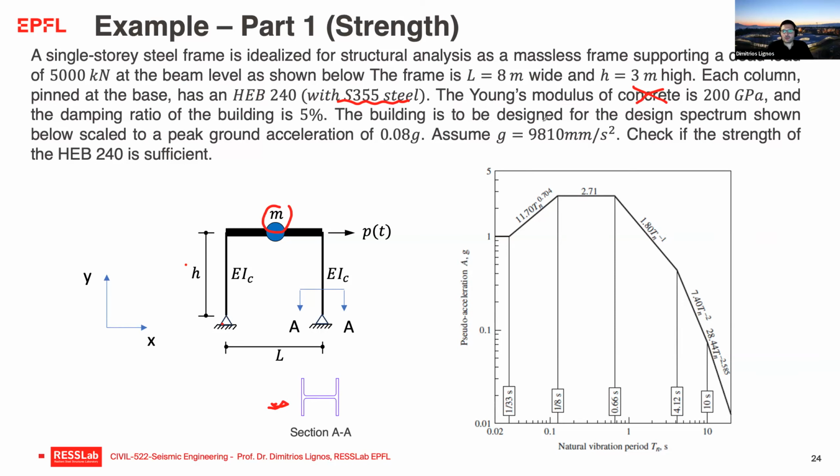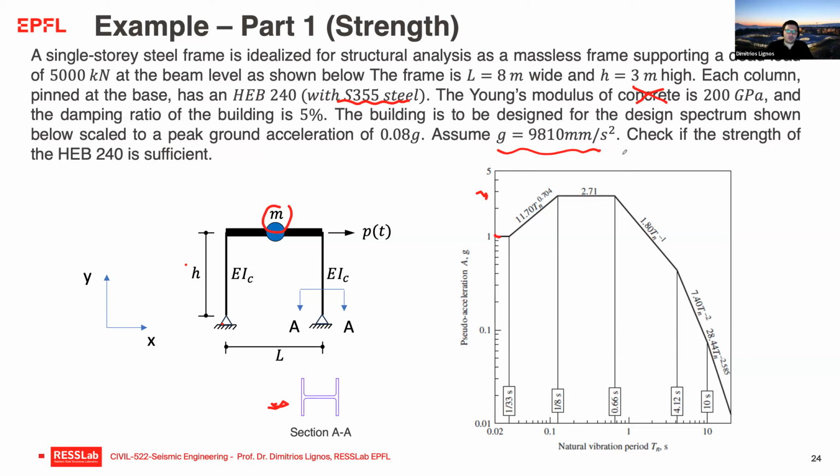The building is to be designed for the design spectrum that is shown here in this figure, but notice that the peak ground acceleration has to be scaled down to 0.08 g. So in my calculations, I will consider the acceleration of gravity to be 9.81 meters per second squared.